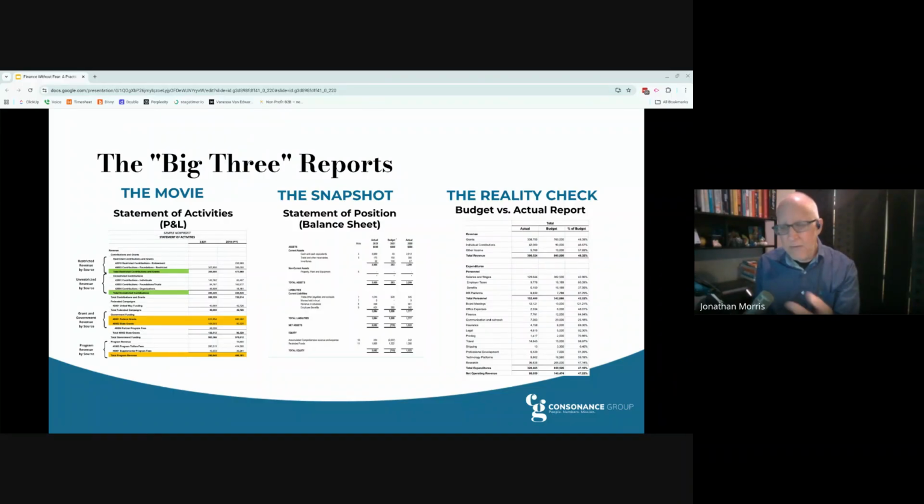But generally, if there are variances because something's unfolding a little differently than we expected, it's best to just explain that in a narrative or in notes to the budget versus actual report. So that each quarter or each month, as the board sees it, they know that, okay, we were going to do 5 events this year, and it turns out we're only going to do 2. You just include a note for that, and you don't need to go through a whole budget revision process.